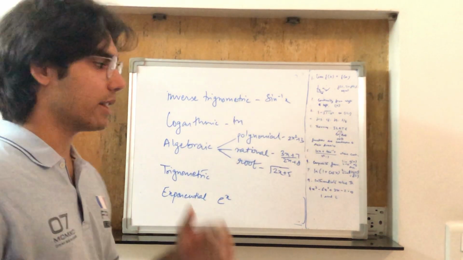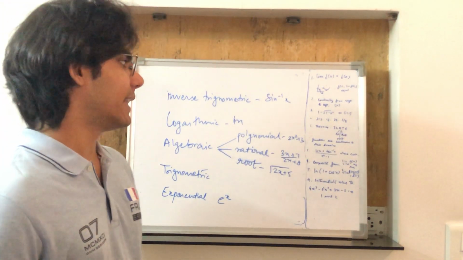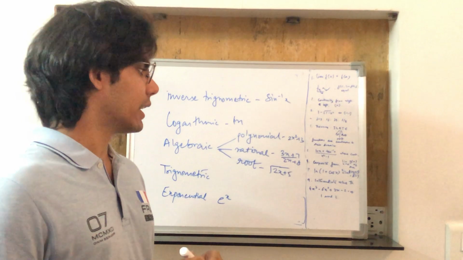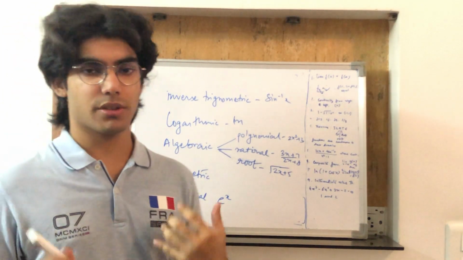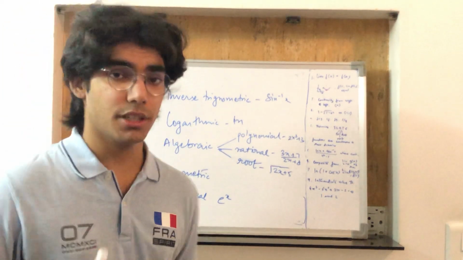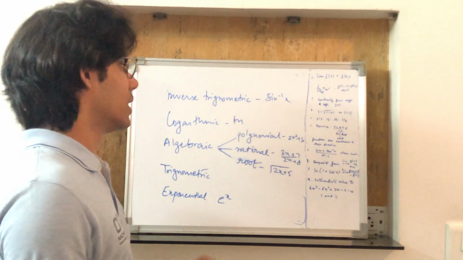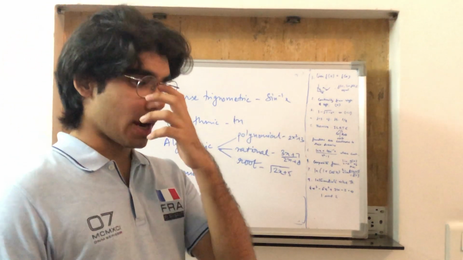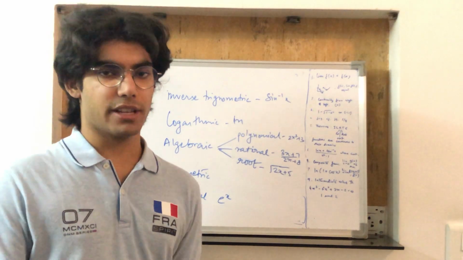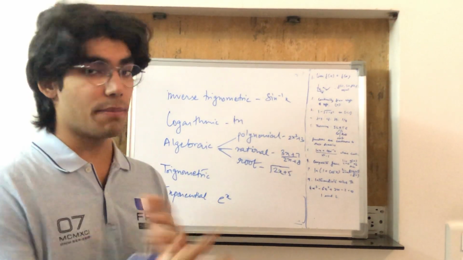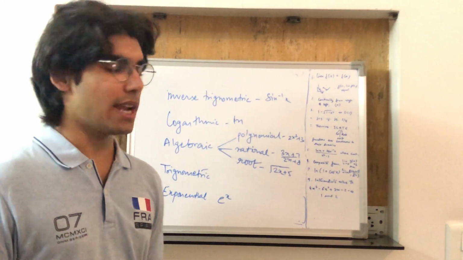So these are the different kinds of functions that we have, and there's a theorem that says that all of them, which are basically all the different kinds of functions you're going to cover in your syllabus, are going to be continuous in their domains. Let's just talk about log x. Log x is defined only when x is greater than 0. X cannot be 0. X has to be greater than 0 for it to be defined in the real space.